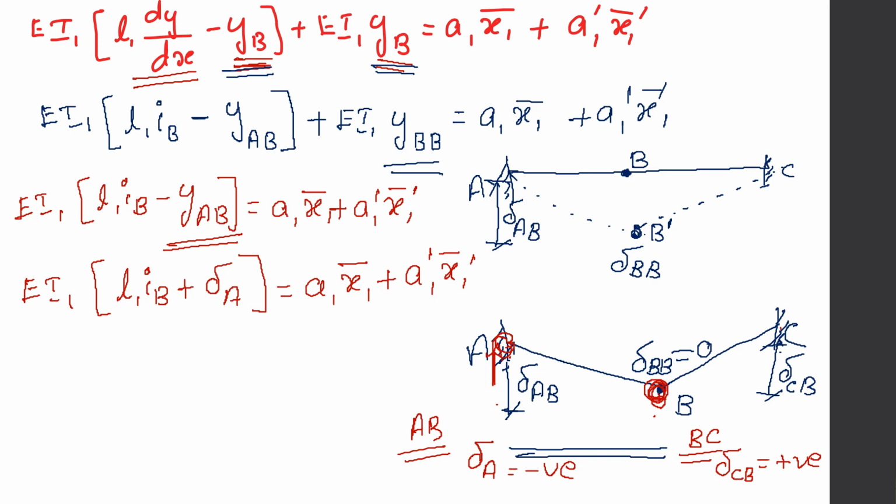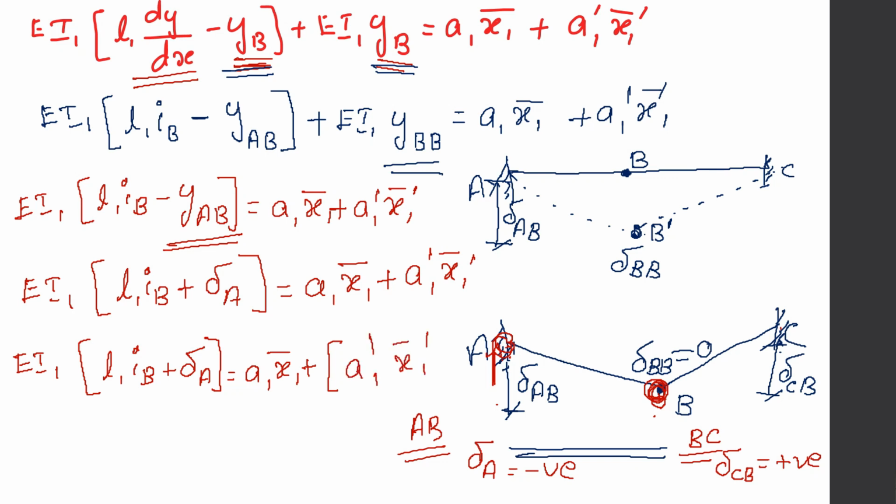Now this can be written as EI1 into L1 into IB plus delta A is equal to A1 X1 bar plus A1 dash X1 dash bar.